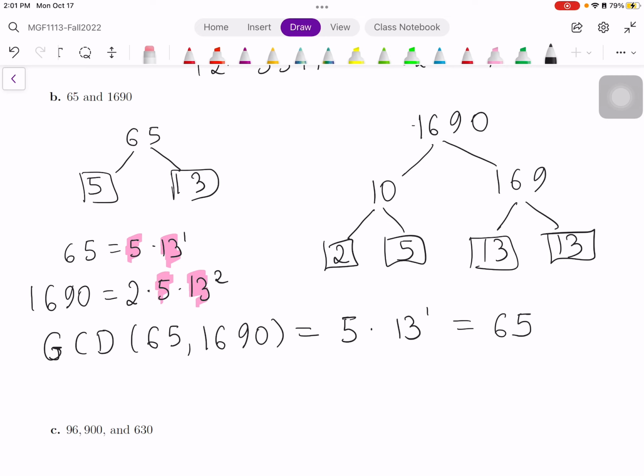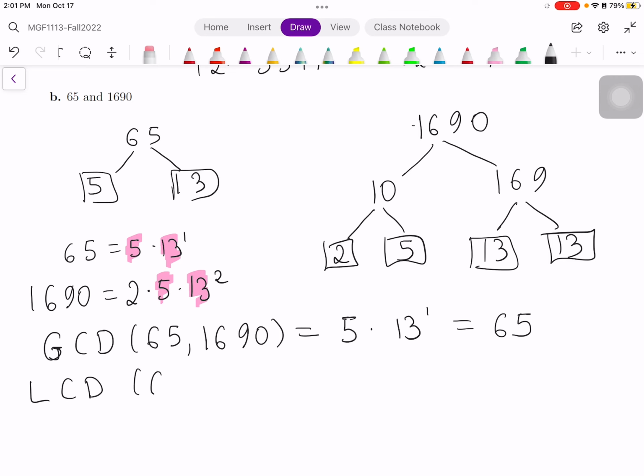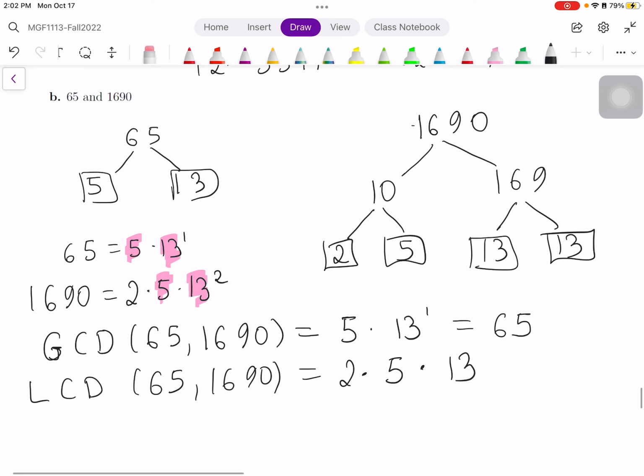What it means is that 65 is already a divisor of 1690. Now, least common multiple, using those prime factorizations as we have them already, we put all the factors, not necessarily common. So for example, in this case, we also list 2, even though 2 did not appear in the prime factorization of 65. And if we have two different powers, like in case of 13, then this time we're going with the bigger power.